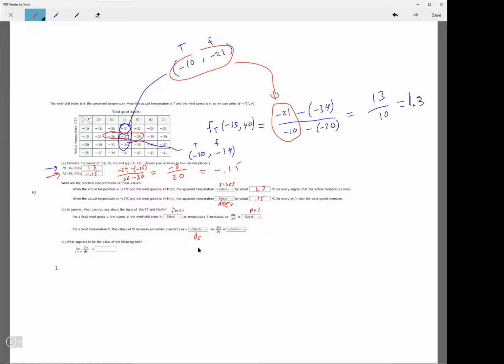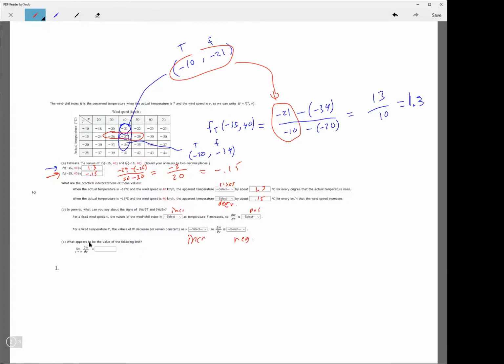Wait, the value of W as V. Wait, as V and what? As V increases. Oops, that's increases also. Oops. That's negative.